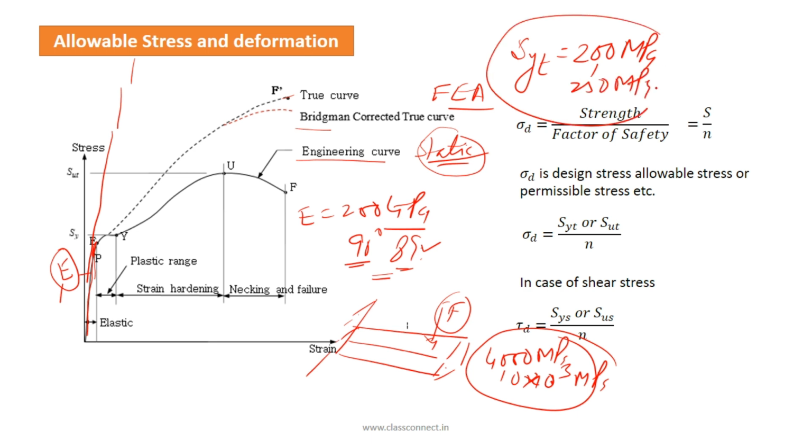And it means when we design any component, we take some factor of safety, as given here, and generally we take a factor of safety of 3 for static analysis. It means the design value of stress comes out to be approximately 80 megapascal.